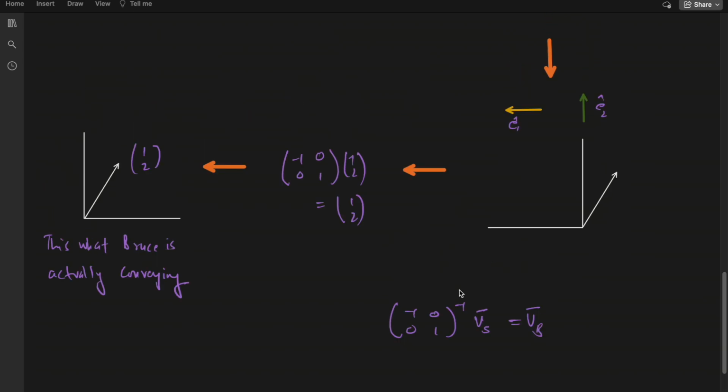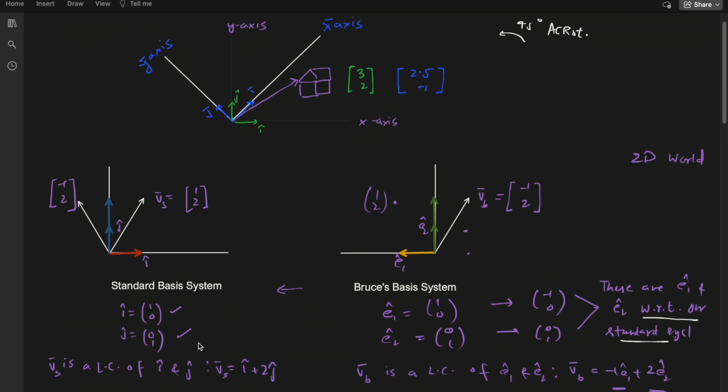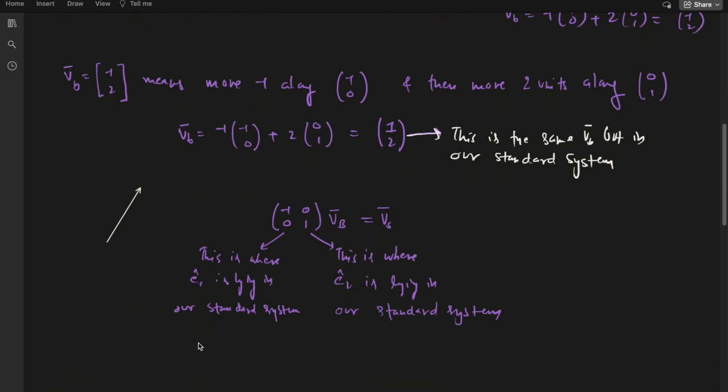So let's see one thing. We have these vectors -1, 2 and 1, 2. These are the exact same vector, but their numeric values are different because we are using two different basis sets. We transform this vector -1, 2 in this basis system, and we get 1 comma 2.